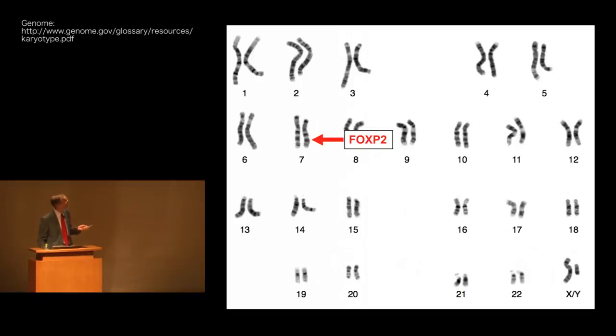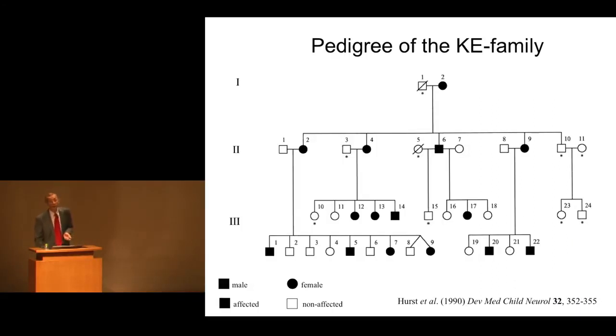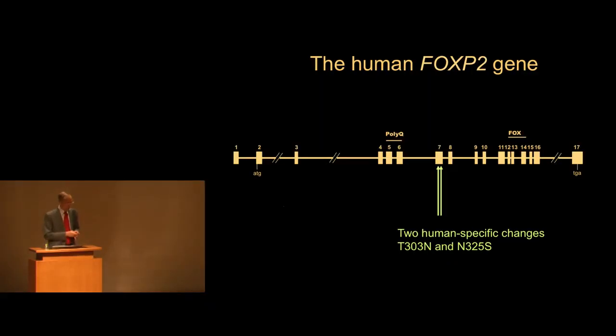It's a gene called FOXP2 on chromosome 7. When you have a mutation in this gene in a famous family in Britain, you have a language problem. So this gene seems to have something to do with speech and language. It has two human-specific changes close to each other that affect the protein, that change amino acids. That's unique to humans relative to the apes.